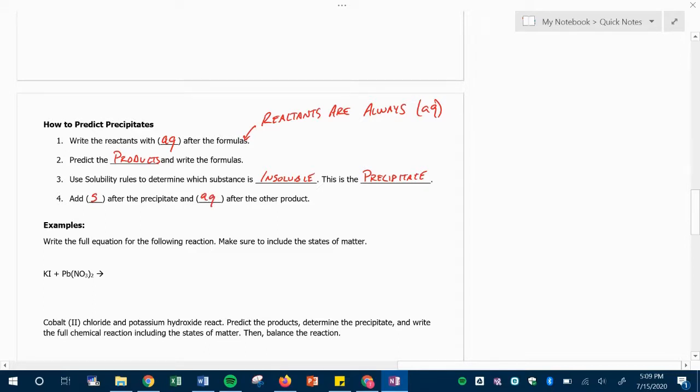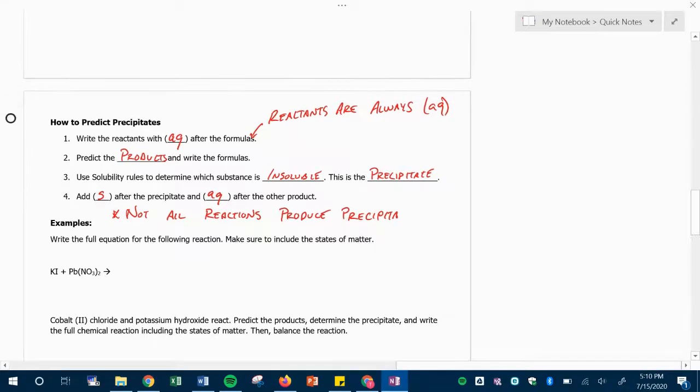Then, after we figure out which one is the precipitate, you add the S after your precipitate and AQ after your other product. On a side note, not all reactions produce precipitates. This is an important point, because if you get used to the idea that you checked the first one, it wasn't a precipitate, and the second one was a precipitate, you're going to get used to the idea that you only have to check one and not the other.